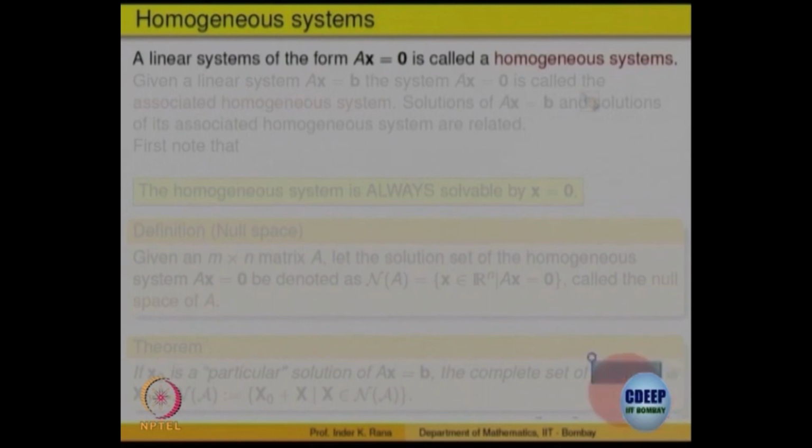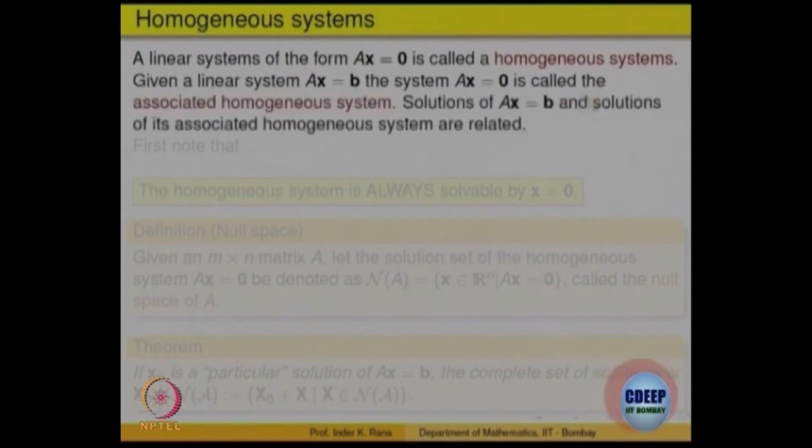So, given any linear system Ax is equal to b, if you put b equal to 0, you will get a homogeneous system, right. That is called the homogeneous system associated with the given system of linear equations.